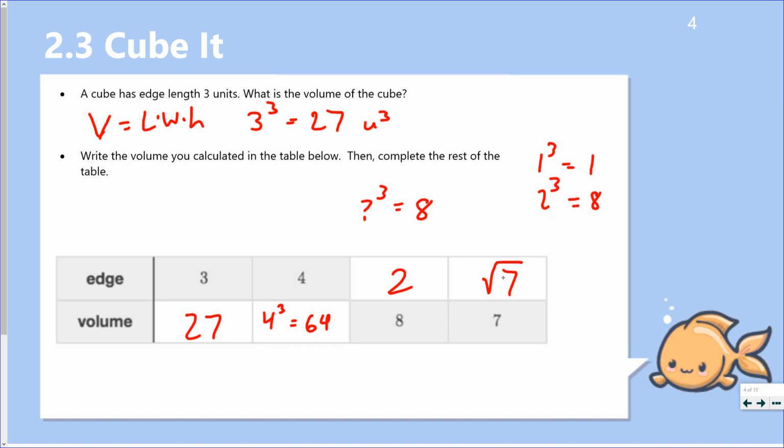However, that's a square root. To signify that it's a cube root rather than a square root, we're going to use a little 3. And the little 3 is going to sit in the crook of the radical to illustrate that we want to know what multiplied by itself 3 times gets you 7 rather than just twice.